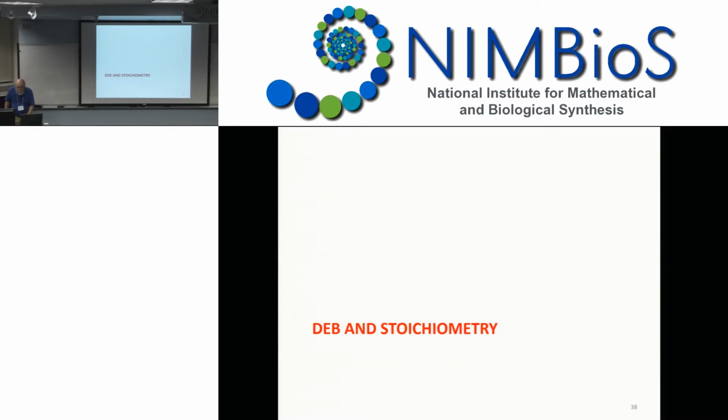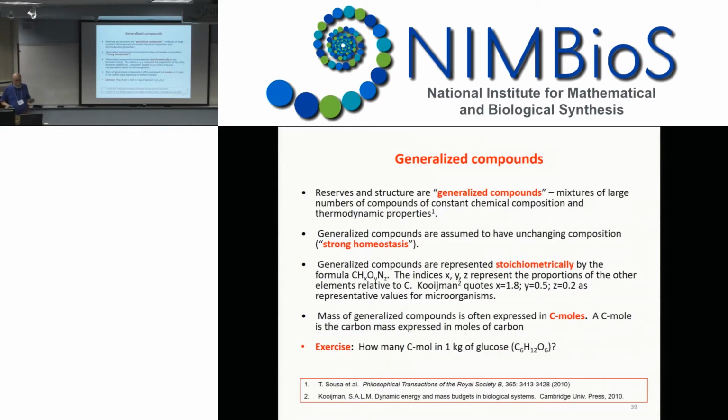So now, how do we make the connection with stoichiometry? These abstract reserve and structure quantities that I've talked about, actually we can think of as characterized by so-called generalized compounds. And they are some mixture of carbon, nitrogen, oxygen, and hydrogen, for example, but we can add elements as we see fit. DEB assumes that the composition of reserve and the composition of structure is invariant.